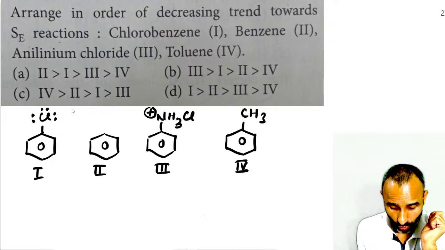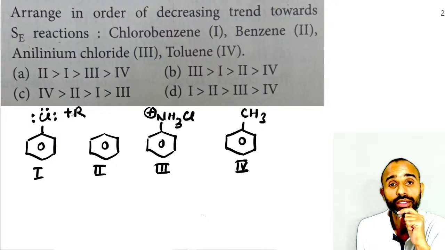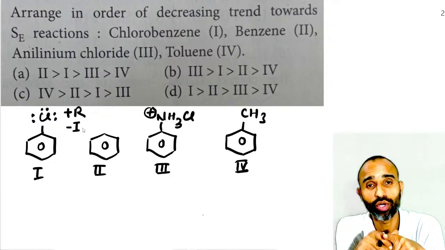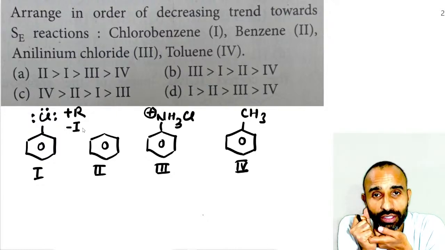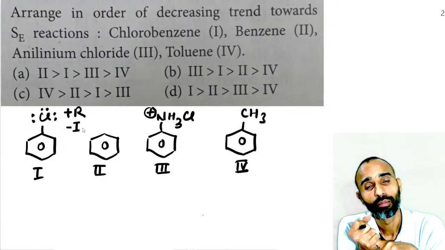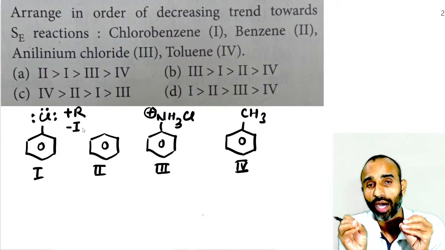If it has a lone pair, it will have a plus R effect, and at the same time a minus I effect. So it is electron releasing due to the plus R effect, and electron withdrawing due to the minus I effect.